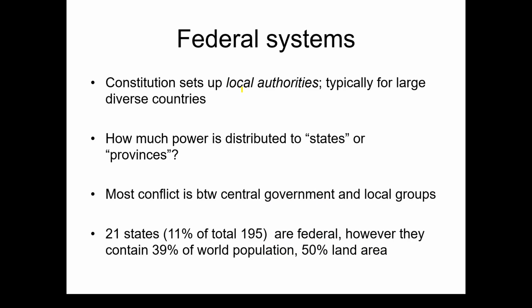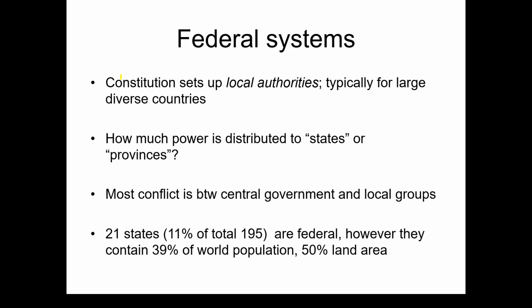Now let's talk about some types of systems. The federal system is the type of system that the United States of America is, where the states were already there. When we went for independence, we had our original 13 colonies. The Articles of Confederation set them up as a group of sovereign states. So we already had a federal system in place.